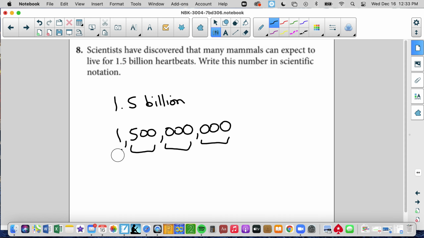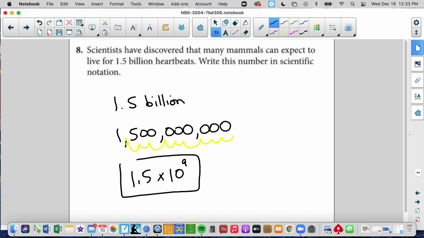So 1.5 billion would be that number, and then we can count 1, 2, 3, 4, 5, 6, 7, 8, 9. Now that number is between 1 and 10. If I had it over here, that would be 15. That's not between 1 and 10. So I'm going to make it 1.5 times 10 to the 9th. And 10 to the 9th represents a billion also, if you want to take some shortcuts there. So it would be 1.5 times 10 to the 9th.